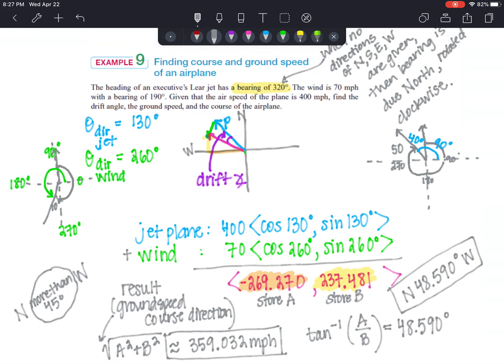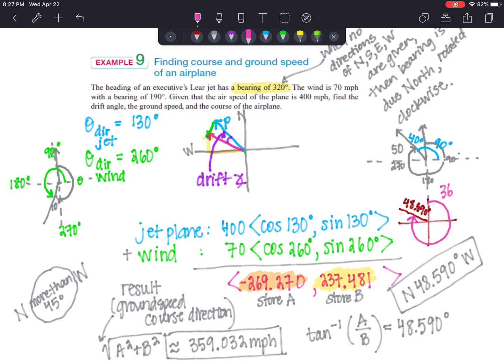Now, I do want to say that in the back of the book, in the answer key, it might give you a bearing without the north and the west. So let's just talk about that real quick. If I've got north 48.590 degrees west, my bearing is going to be due north clockwise.